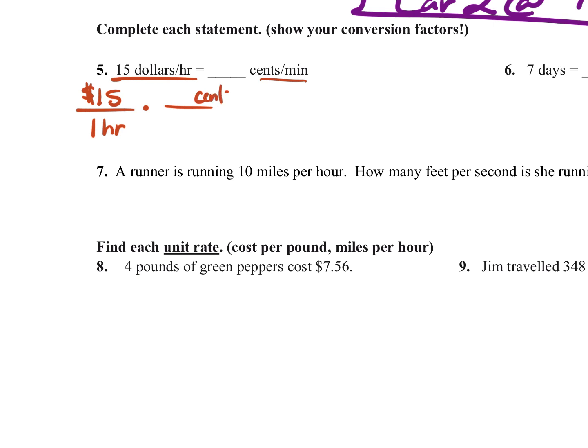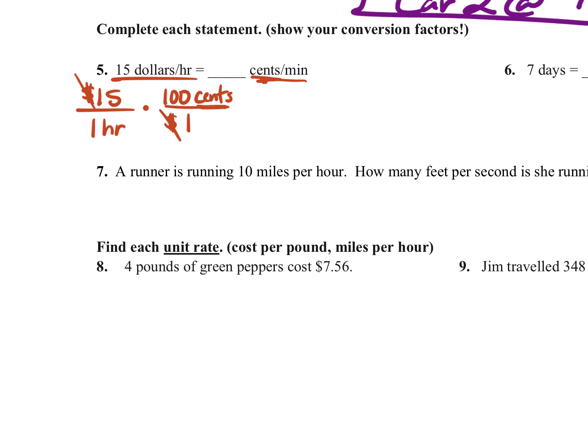Cents goes on top. What goes on bottom? Dollars, right? We're converting dollars and cents. So $1 is how many cents? 100. You're thinking hours. $1 is 100 cents.